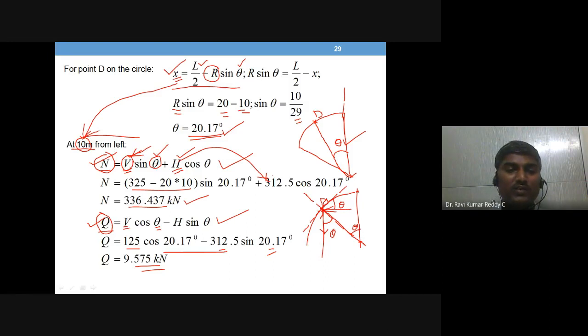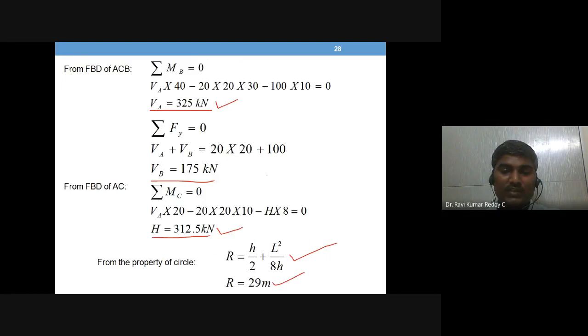So once you solve for V, then you need theta, that is a geometric quantity, that is solved from geometry. If it is a circular arch, use the circular geometric relation, which is already discussed in the earlier sessions. So that will give you the theta value, where R is found from the expression which is derived earlier, h by 2 plus L square by 8h.